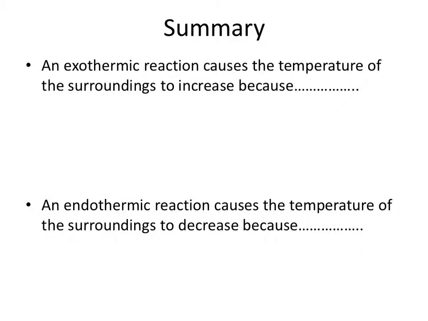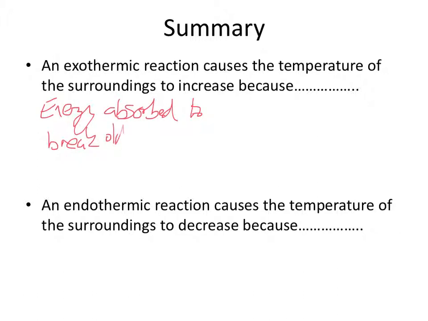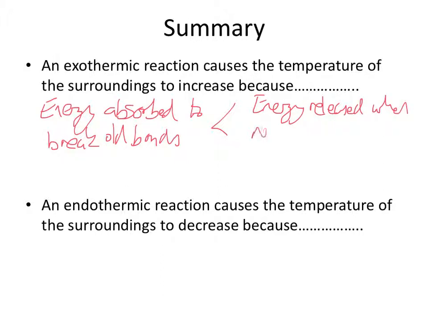So, to summarise, an exothermic reaction causes the temperature of the surroundings to increase because the energy absorbed to break old bonds is less than the energy released when new bonds are made.